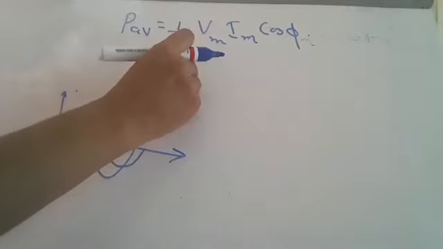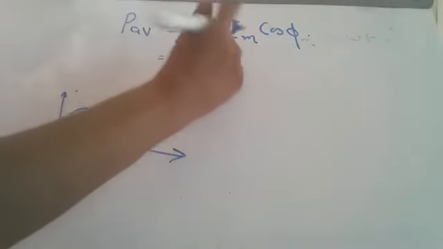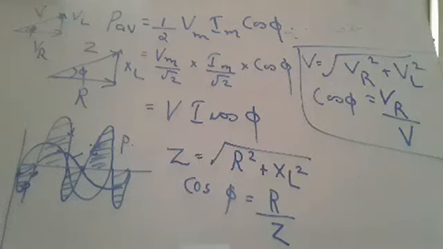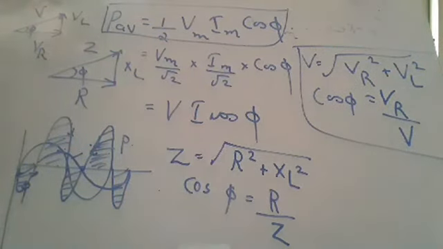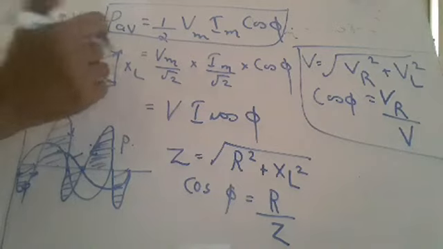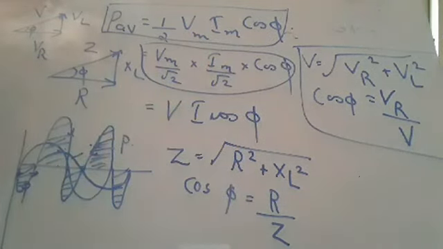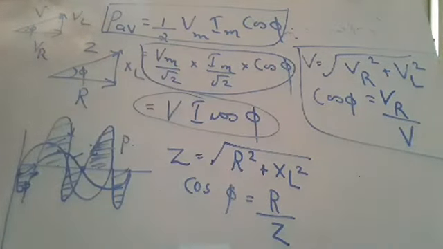So this is Vm by root 2 into Im by root 2. Average power is half into Vm Im cos phi, which is the same as Vm by root 2 into Im by root 2 into cos of phi. So the average power is equal to VI cos of phi.